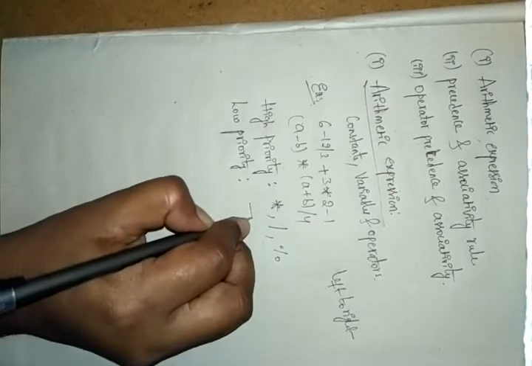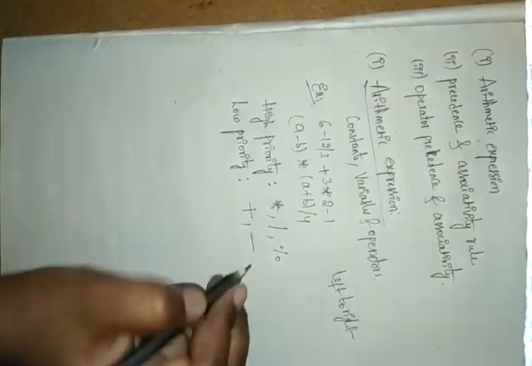In the low priority we have addition and subtraction. So here in the C language we divided our operators into two priority levels: high priority, taking multiplication, division, modulus division, and low priority, taking addition and subtraction.